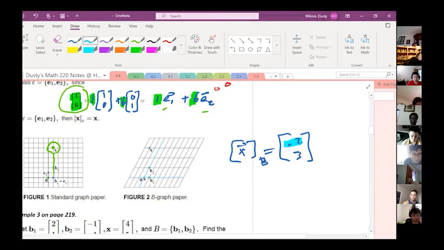So if B1 is at this point, the -2 B1 would be here. And then I want to go 3 in the B2 direction. So here's your B2. We want to go 3 in that direction, so that'd be 1, 2, 3. And so our point, same exact point, but it's now on the B graph paper.